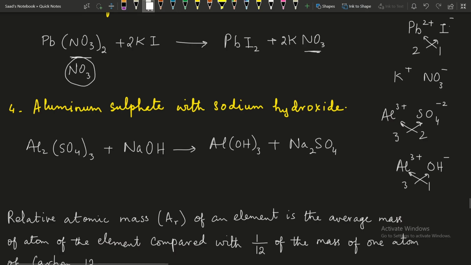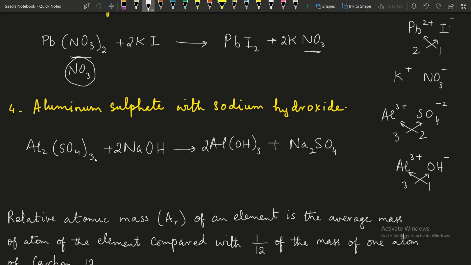Just check the metals first and non-metals and keep the sulfates intact. Now aluminium, there are 2 aluminiums, there's 1 aluminium, so write 2 over here to balance aluminiums. Then check sodium metal. Sodium, there is 1 and there are 2 sodium metals, so it's better to write 2 over here to balance sodium. We are done with the metals. Now check the non-metals.